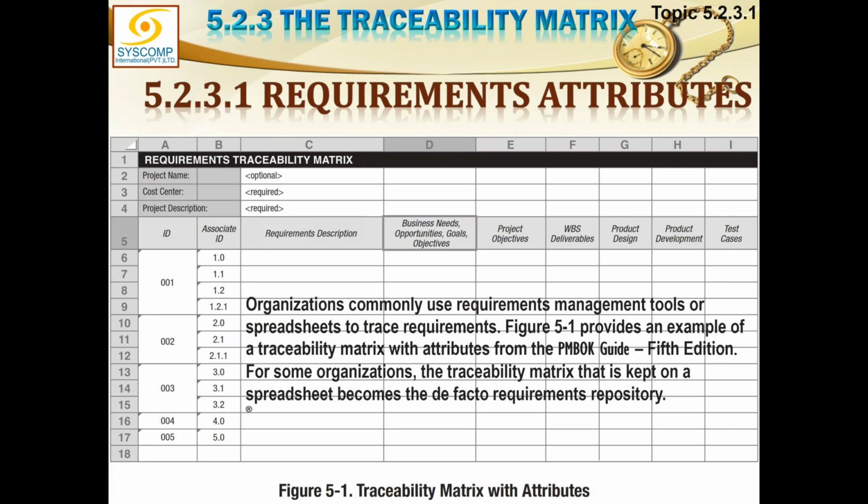And when it is filled out, then all the requirements can be shown in form of one single chart. So all the requirements can be traced, can be placed there, and then it will be easier for us to trace them. For example, if 1.0 is a requirement, I can trace it back to the business need, opportunity, goal and objective, or to the project objective, or to the WBS deliverables, or to the product design. I'm going forward now, product development and so on.